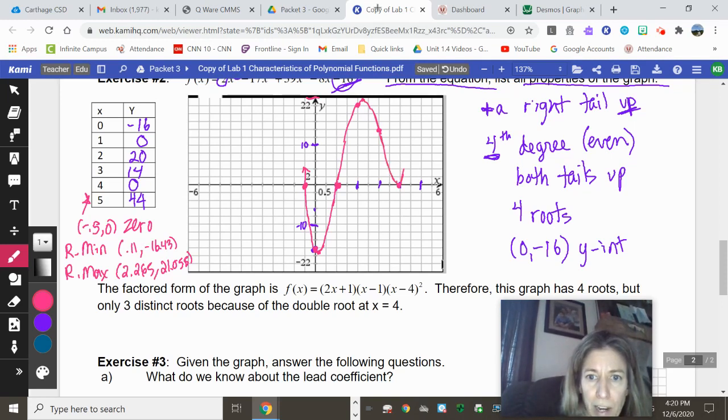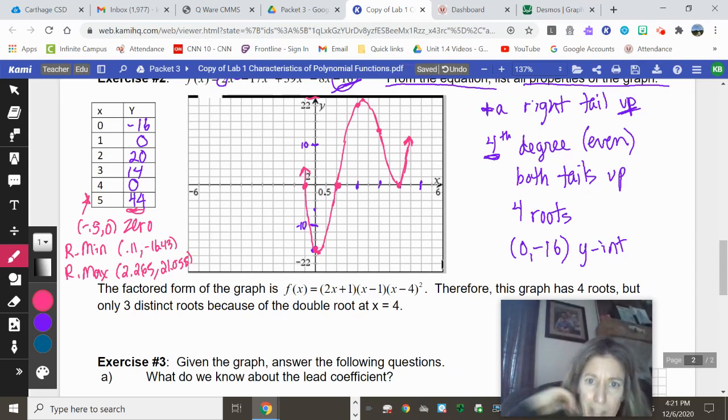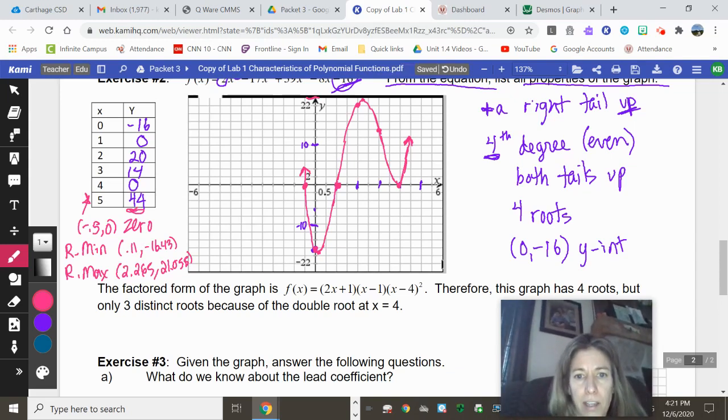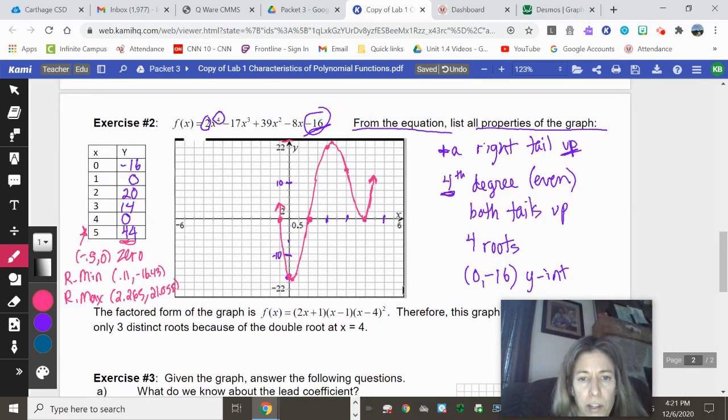And remember, 5 was supposed to go to 44, so I'm not going to draw my arrow too high, because if I cross this line, then my graph is inaccurate. So I just want to stay at something like that. And it does look a little different than the calculator just because my scale is different. So that's why it kind of looks stretched out. All right, so there's my 4th degree. So like I said, be precise, make sure you get those critical points, and use your artistic abilities to graph.